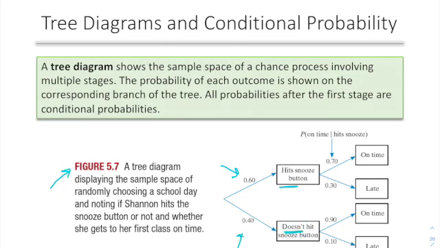If she does hit the snooze button, there's a 70% chance that she's on time and a 30% chance that she's late. These are the conditional probabilities here. Probability that she's on time given she hits the snooze button. Probability that she's late given she hits the snooze button. And then similarly at the bottom, being on time but didn't hit the snooze button, and being late and didn't hit the snooze button.